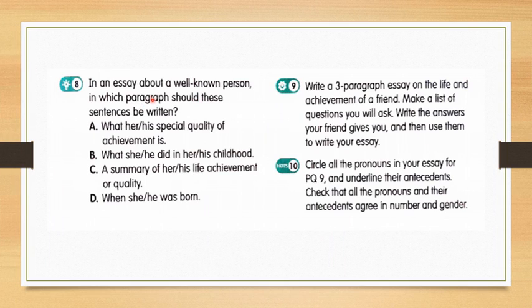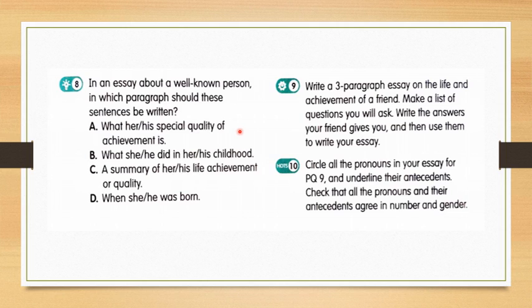Next, which is 8, 9 and 10. In an essay about a well-known person, in which paragraph should these sentences be written? What is his special quality of achievement? What he did in his childhood? That you have to write, whether in the beginning, in the middle or at the end.